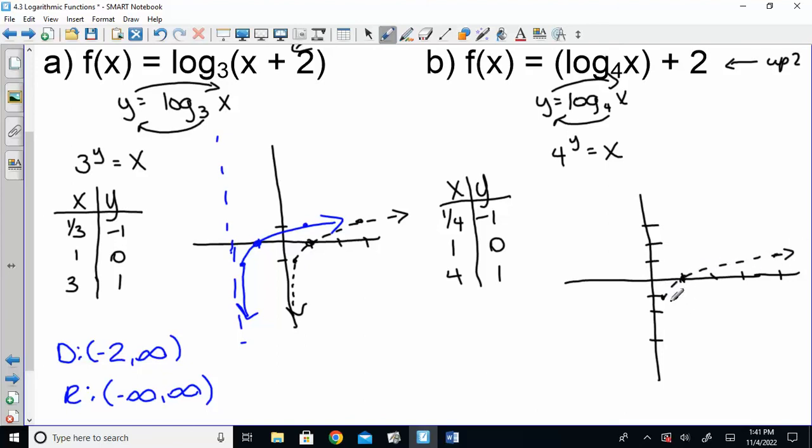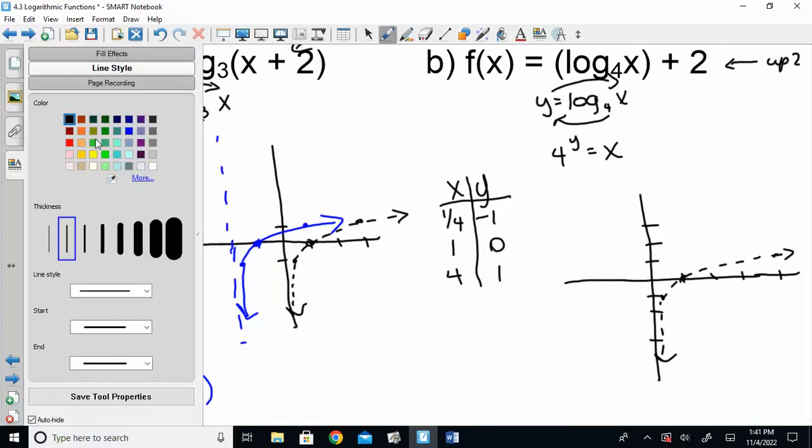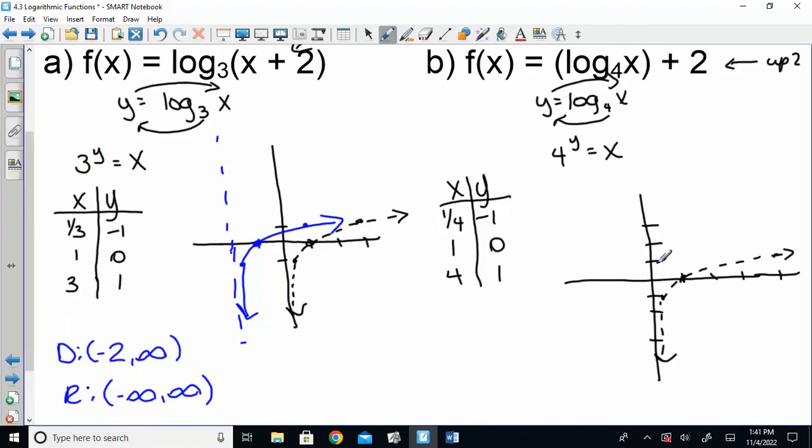That's my original. And then we're going up 2 with each of these. So it should look like this.